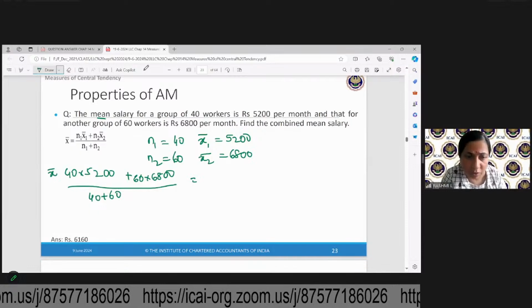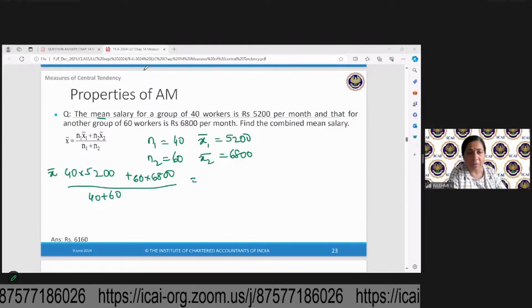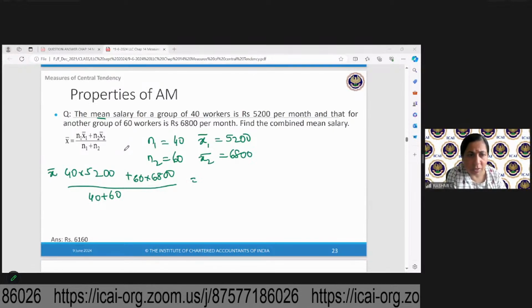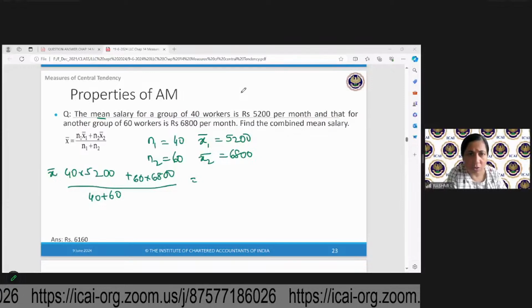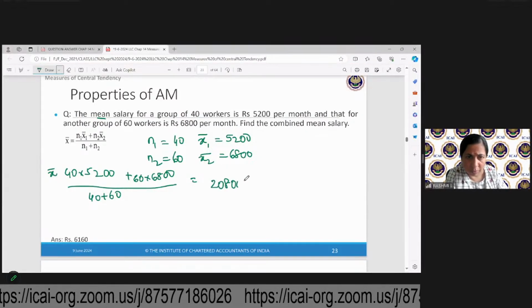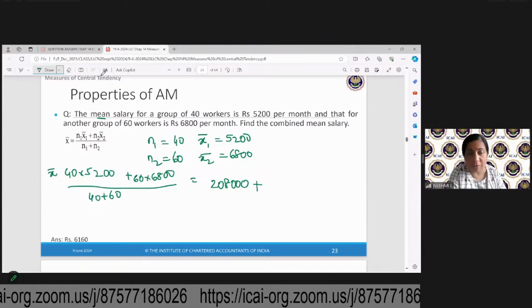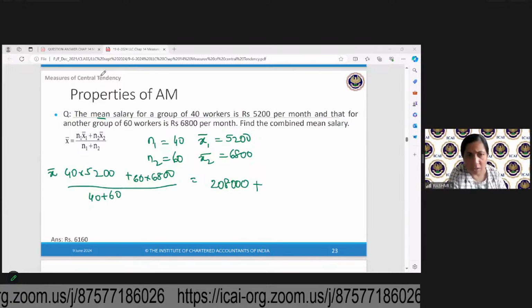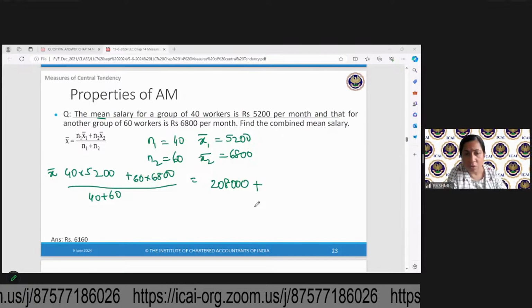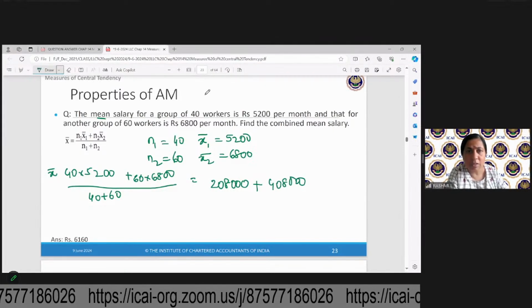How much is the value? 208000. And 60 into 6800? How much is this? 408000. Is this correct?